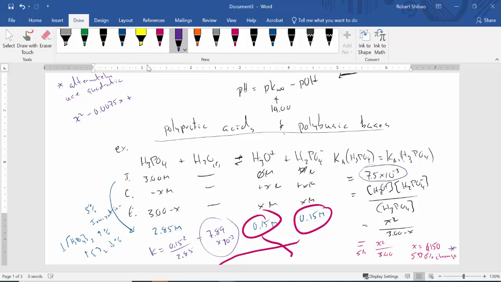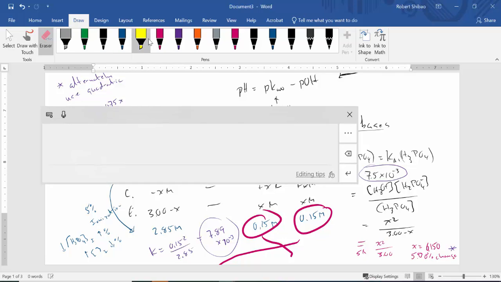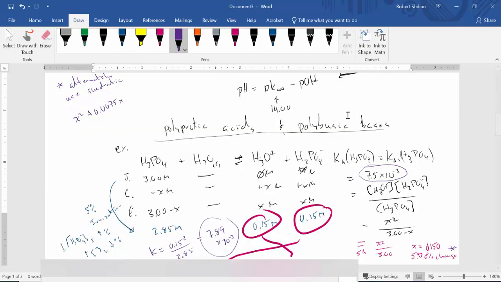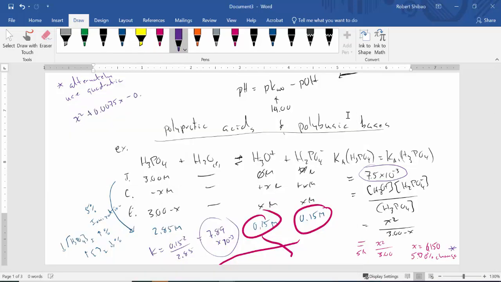Minus? No. Wait, this should be plus here. This is going to be minus here. Oh, 0.0225 is equal to 0. All right, then I'll go to the quadratic solver.